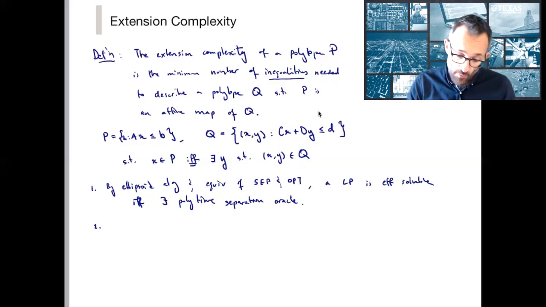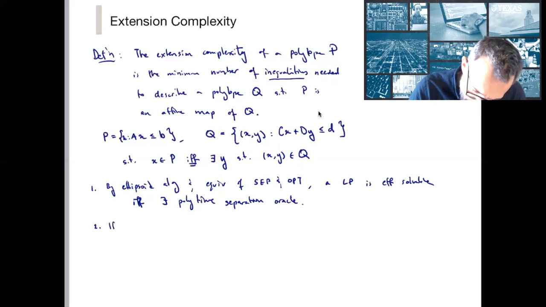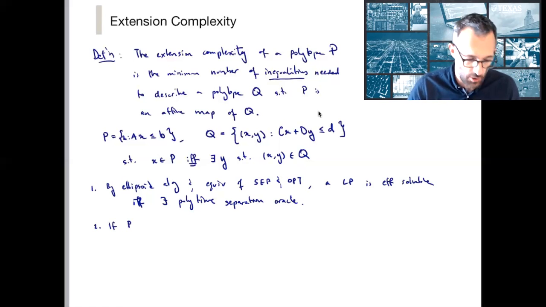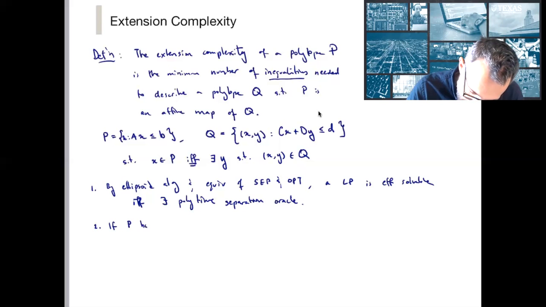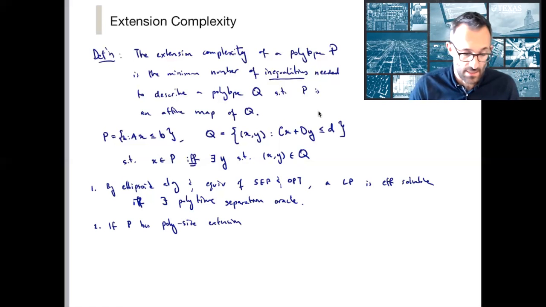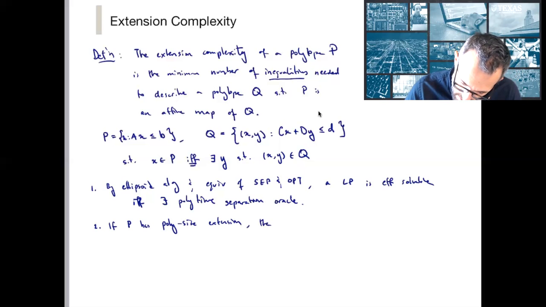Now, what about bringing this back to extension complexity? If a particular polytope P has a polynomial size extension, in other words, if its extension complexity is polynomial, then the optimization problem is efficiently solvable.